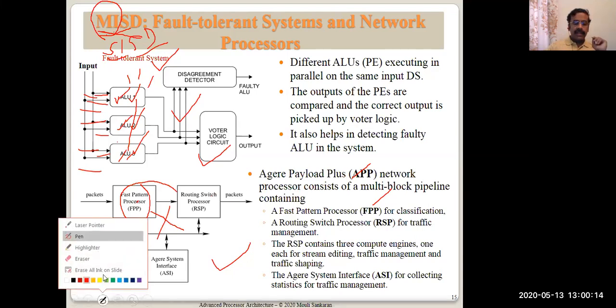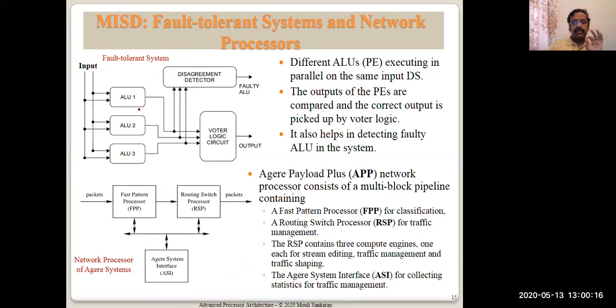Let me summarize what I have explained based on her question. A fault tolerant system, I said it is MISD. That means multiple different instructions are coming, and they execute on the same data. The statement is correct, because in a flight control system the data is the same. We are feeding the same sensor data to all the ALUs.